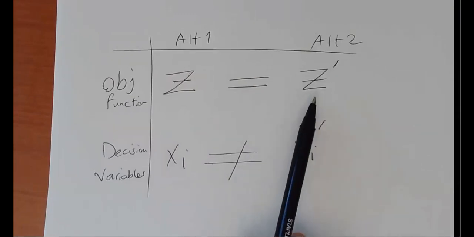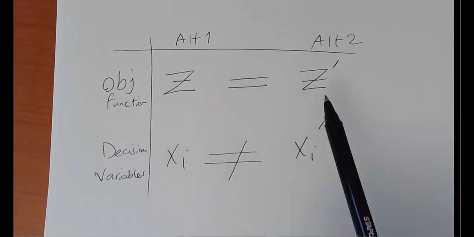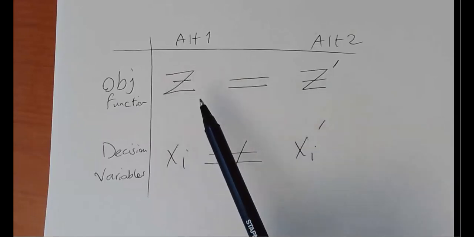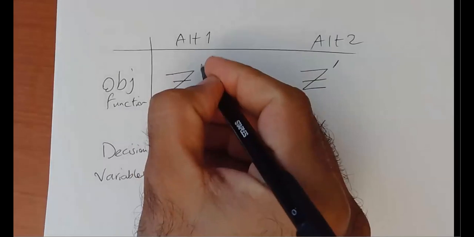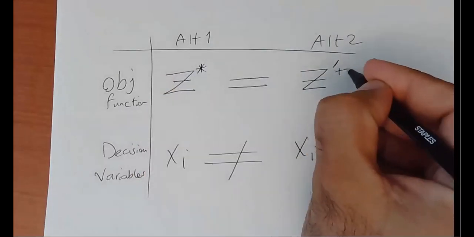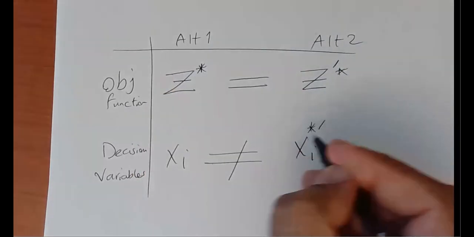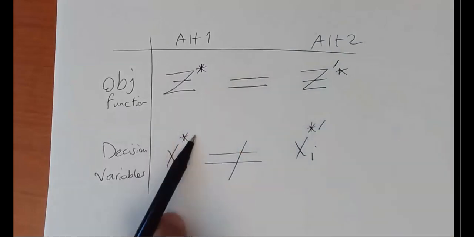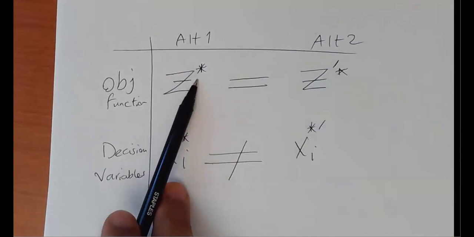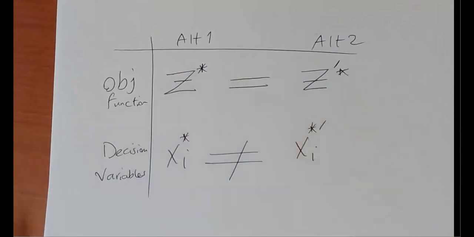We can enforce that by letting the previous objective function, let me add a star here, correspond to the optimal value of the objective function for the second solution.